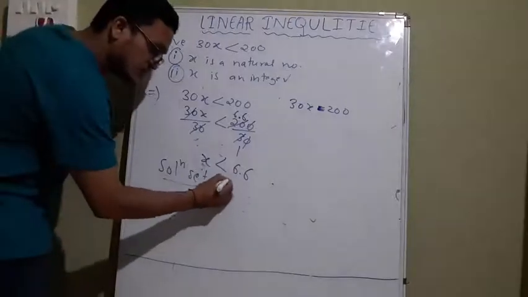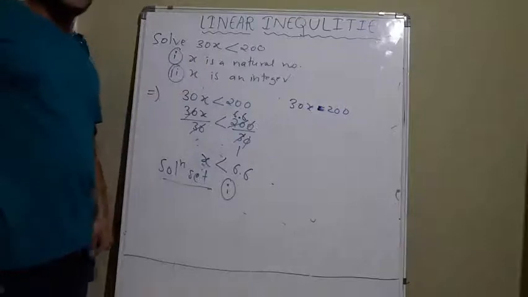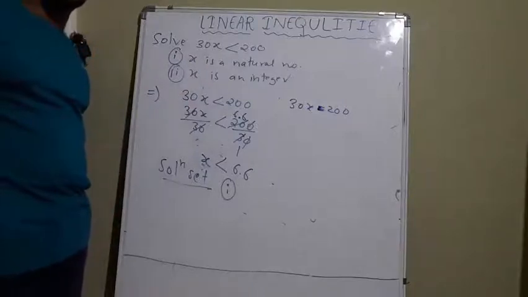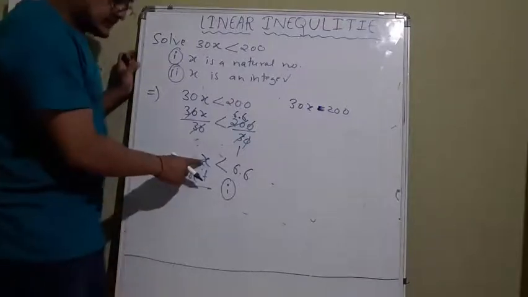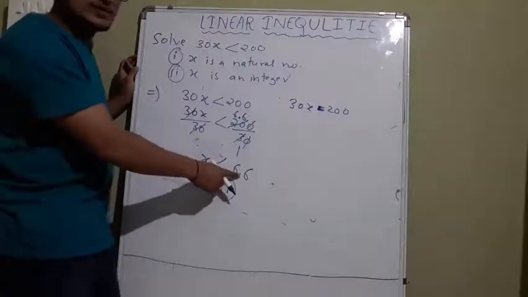We will write the solution set for the first condition: x is a natural number. Natural numbers start with 1, 2, 3 and so on. So x is a natural number but less than 6.6.